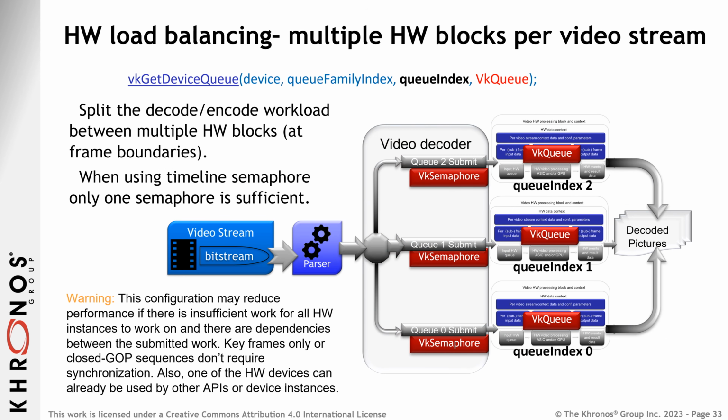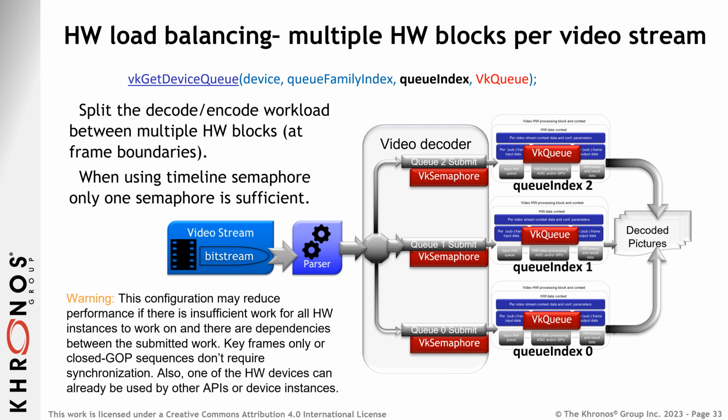Here is another load balancing configuration that Vulkan video applications can use. If your application requires very heavy video processing operations, like 8K main profile or low latency, the processing of a stream can be split across multiple hardware instances. If there are dependencies between the video queue submit operations, which is usually the case when using references, the application can use Vulkan semaphores to ensure proper ordering between the queues.